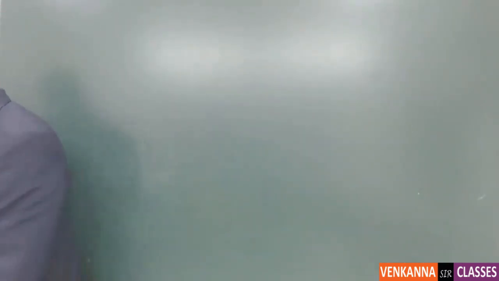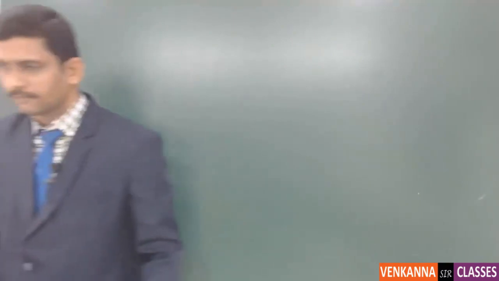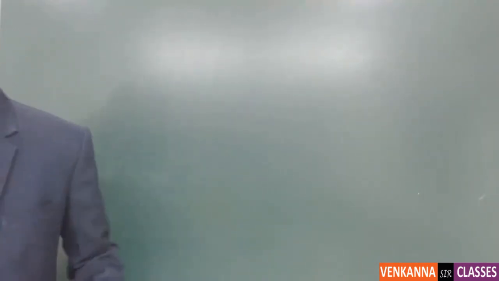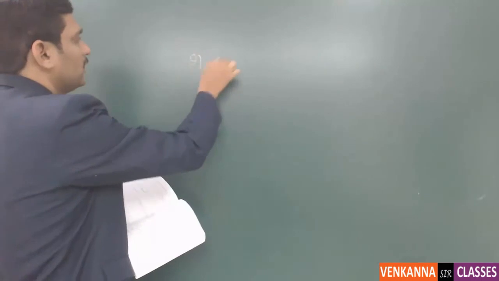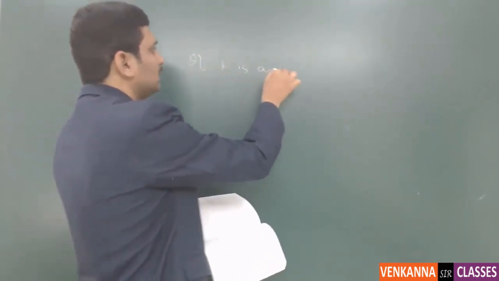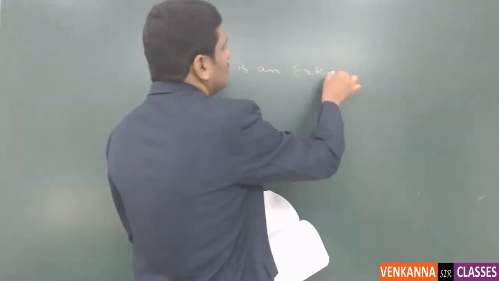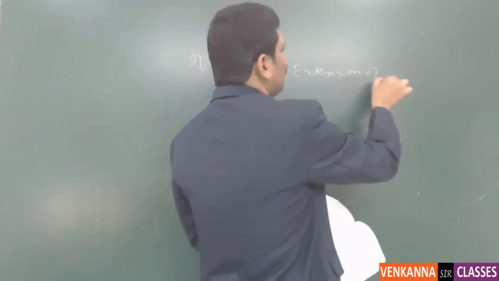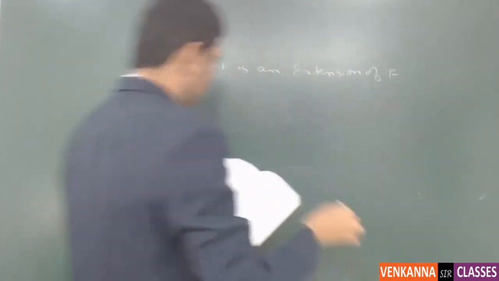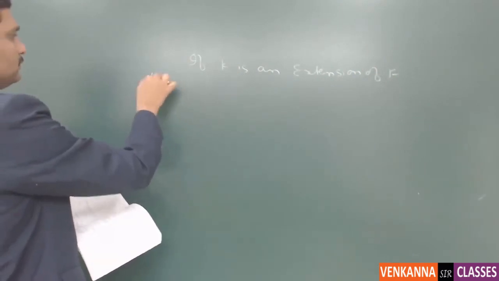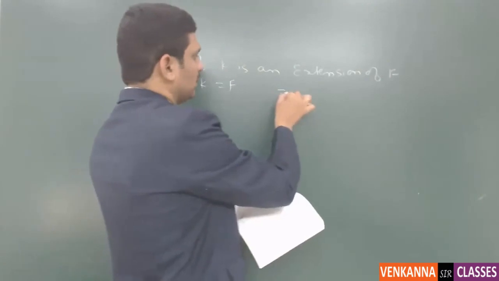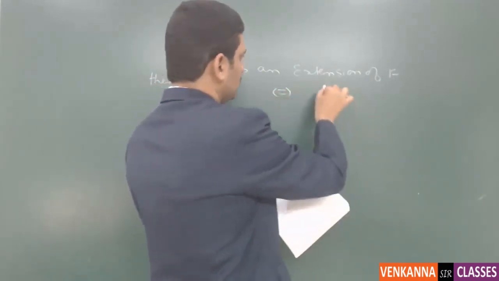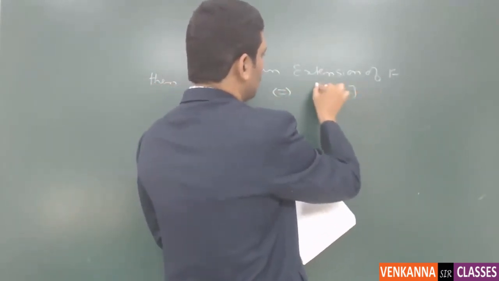So there is one small result. Let us discuss that. Now, if K is an extension of F, then K is equal to F if and only if the dimension of K over F equals 1.